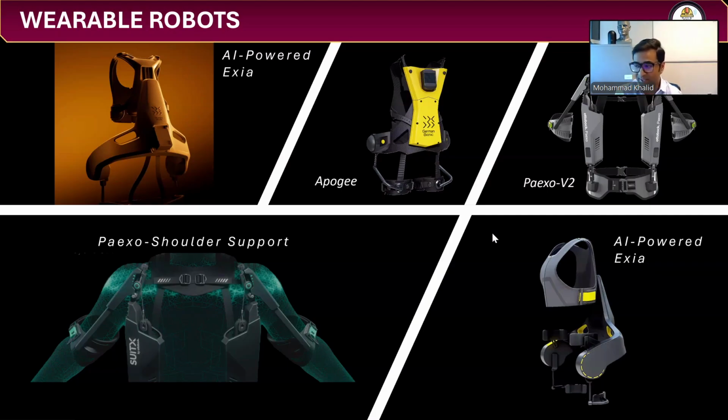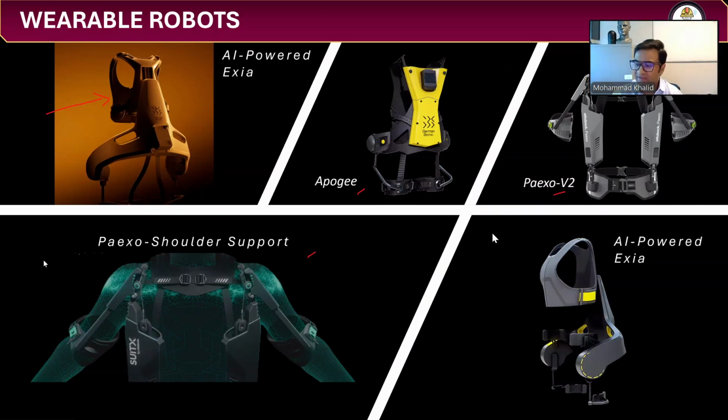We recently got the AI-powered Exia, which is one of the latest exoskeletons out there. It is AI-powered, which means that whenever you wear it, it reads your body and adjusts the support level automatically. Then there are back and shoulder support exoskeletons, and there are active and passive kinds of exoskeletons. Our lab has both types.